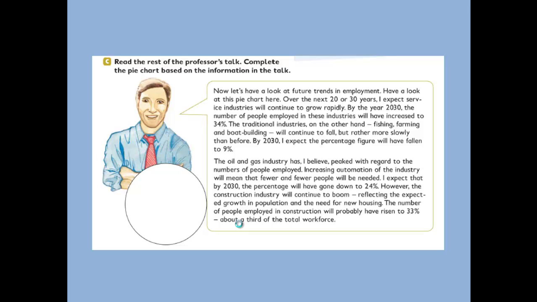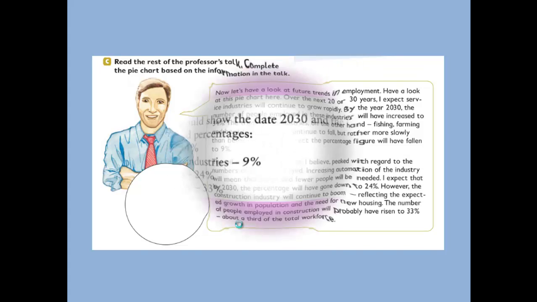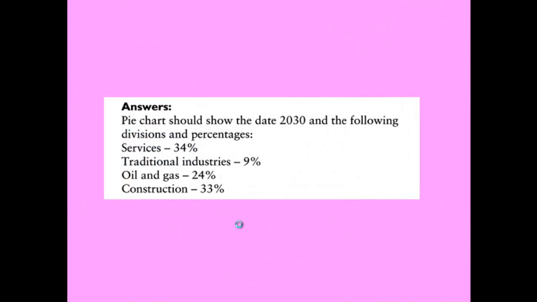After reading this text, we can elicit some information to draw a pie chart. Yes, we can get these pieces of information.